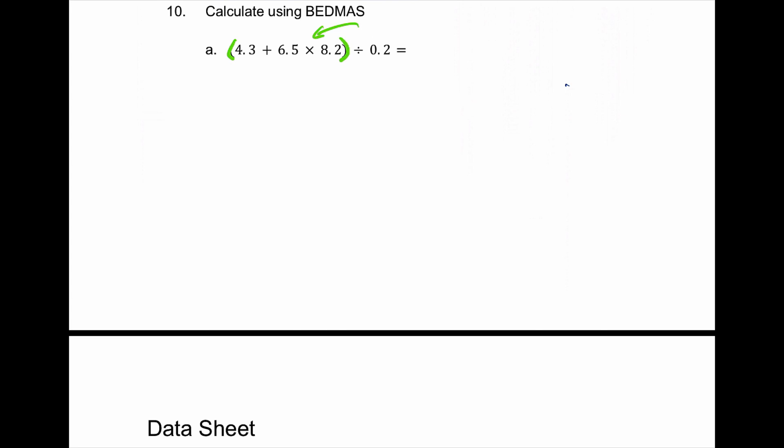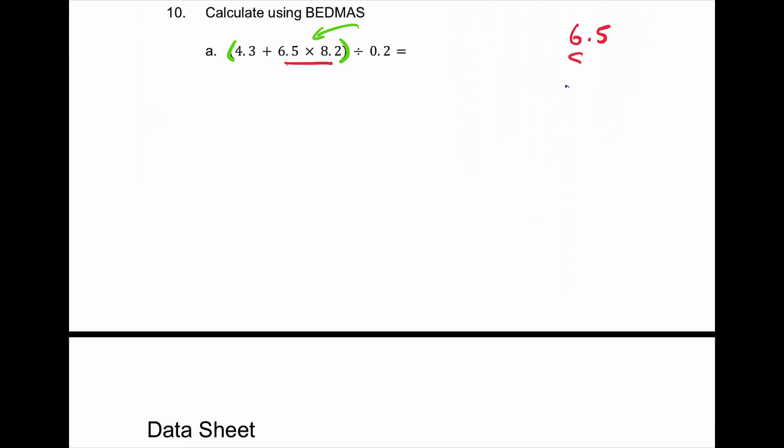Are there any brackets inside the brackets? No. Are there exponents inside there? No. Is there any division and multiplication? Yes, right there. Okay, so the first operation we're going to do is 6.5 times 8.2. So off to the side, I'll do 6.5 times 8.2.